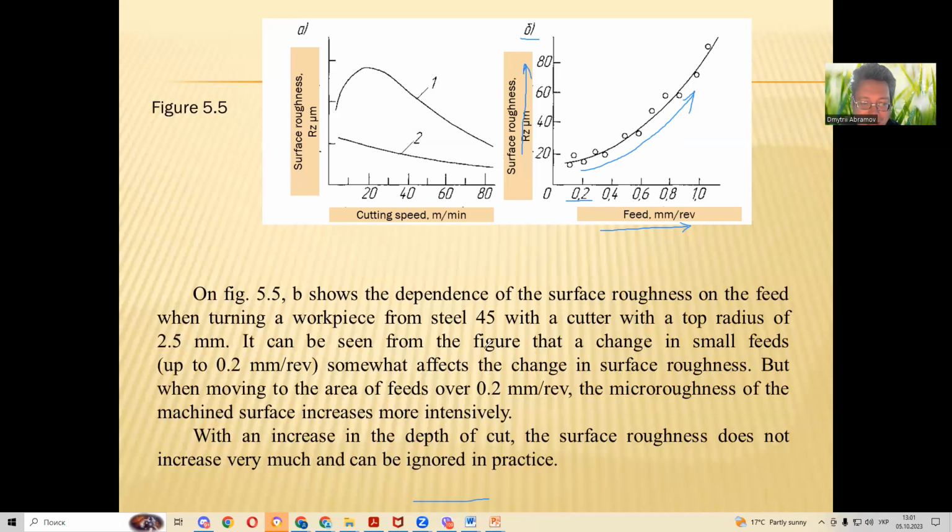With an increase in the depth of cut, the surface roughness does not increase very much and can be ignored in practice. Please write down to your notes figure 5.5b.